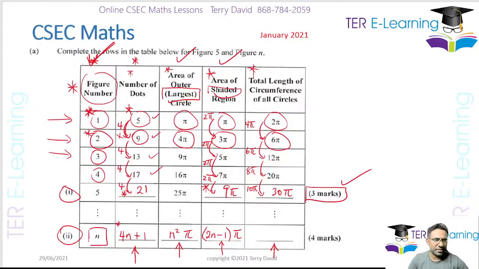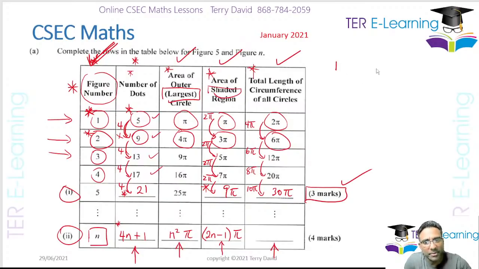Alright, so I'm seeing some answers coming in here. You're finding a relationship between your first column and your last column, right?